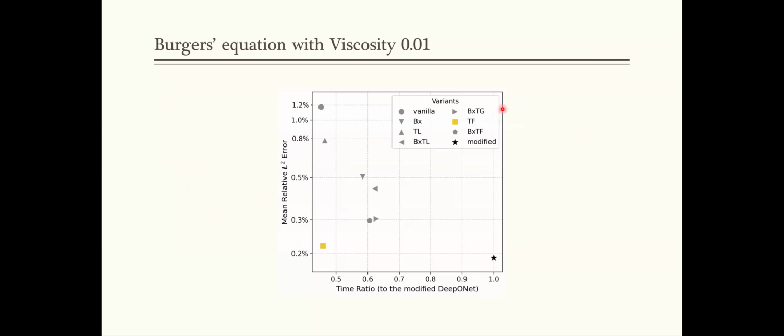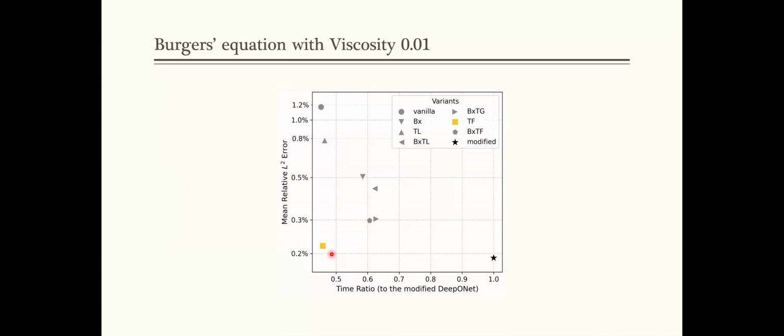And now let's move on to Burgers' equation with viscosity 10^-2. Compared to the case of 10^-3, the dynamics here would be smoother because diffusion plays a stronger role. We use the same setup, a periodic boundary condition, and the initial conditions are still sampled from a Gaussian random field. For Burgers' equation with viscosity 10^-2, we also compared different variants.